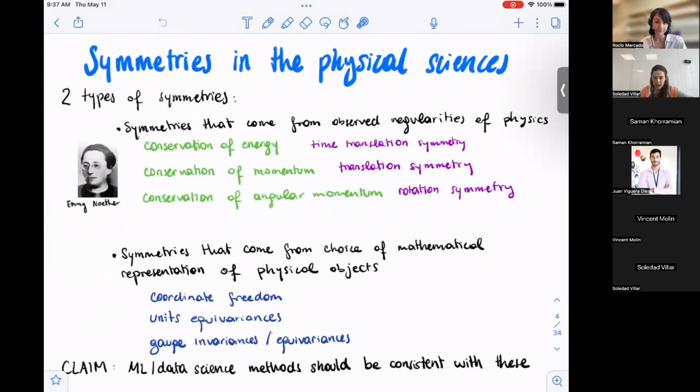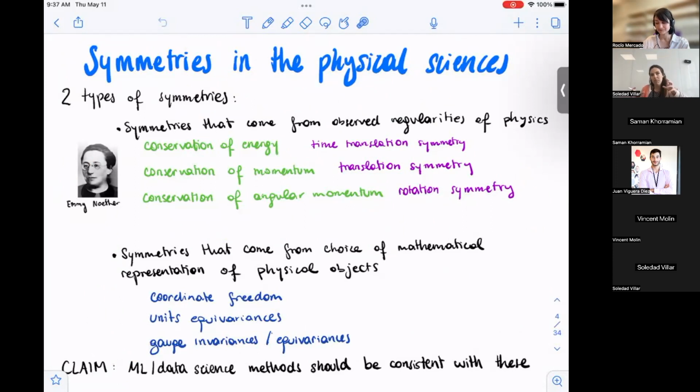And so this is what you were discussing earlier before we started the talk, that there's one way that physicists think about symmetries, and they divide the symmetries in two classes, the ones that are passive symmetries and the ones that are active symmetries. The passive symmetries have to do with the fact that if you have a physical object, there's not a unique way to write it mathematically.